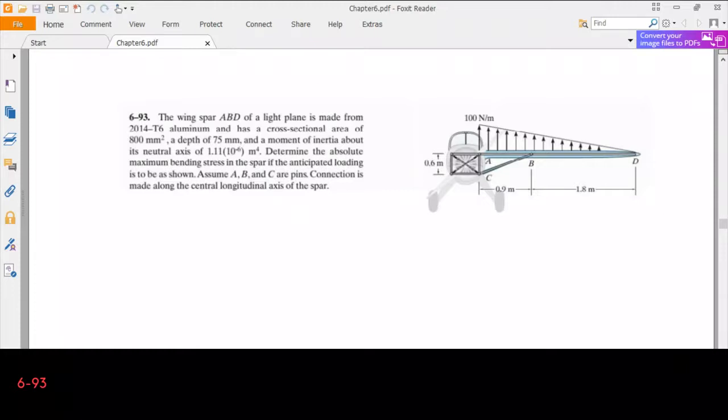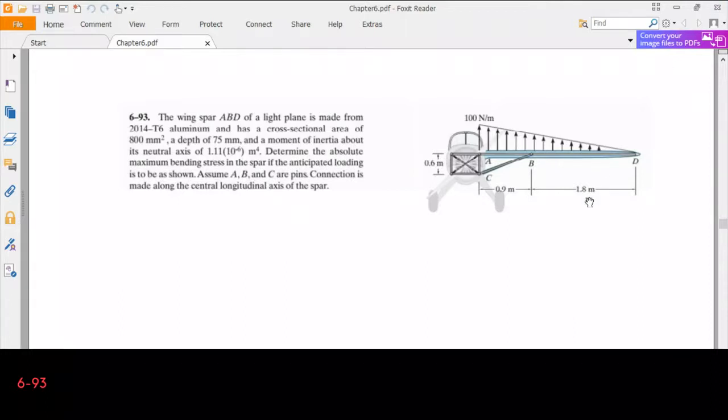Determine the absolute maximum bending stress in the spar if the anticipated loading is to be as shown. Assume A, B, and C are pins. Connection is made along the central longitudinal axis of the spar.